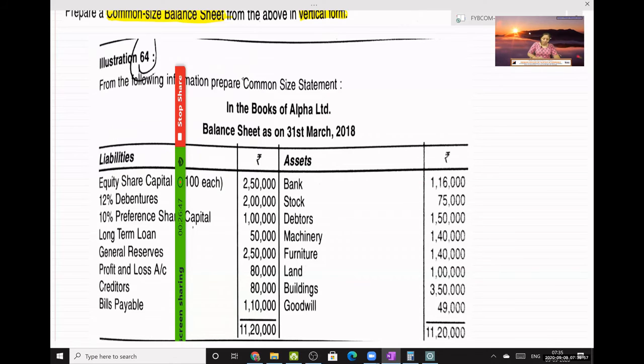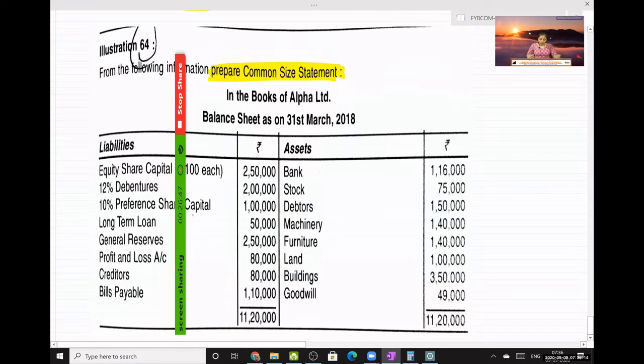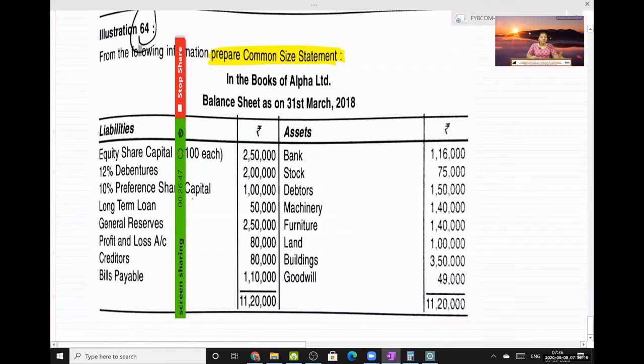From the following, prepare a common size statement. Okay, yeah. Balance sheets as on 31st March 2018. Okay, bank, stock, debtors, machinery, furniture, land, building, goodwill.